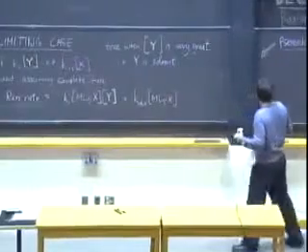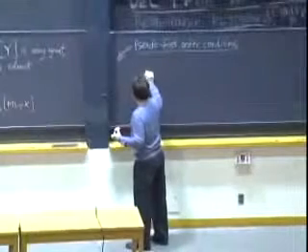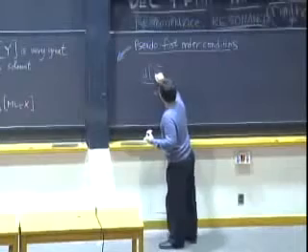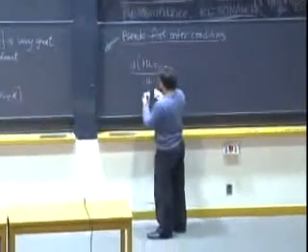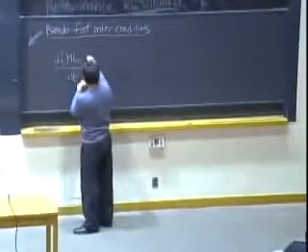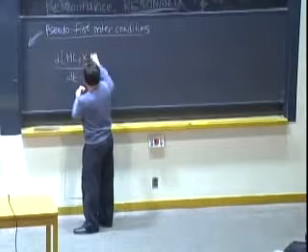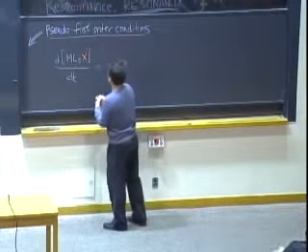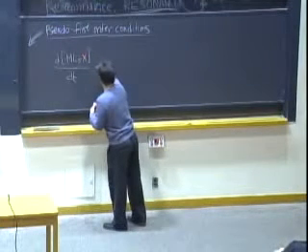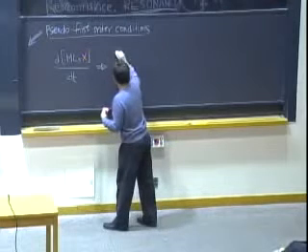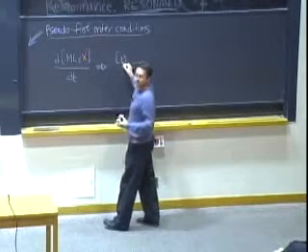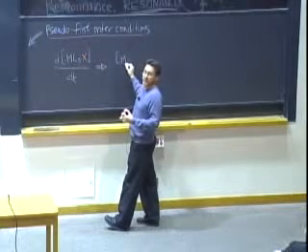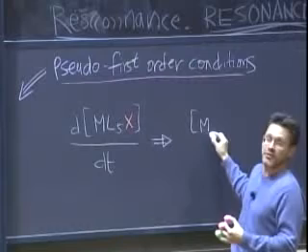And when you do that, you'll find that, for example, the change in concentration with time of ML5X, upon integration, when you integrate differential equations such as this, you can obtain expressions for the concentrations of the species of interest as a function of time.